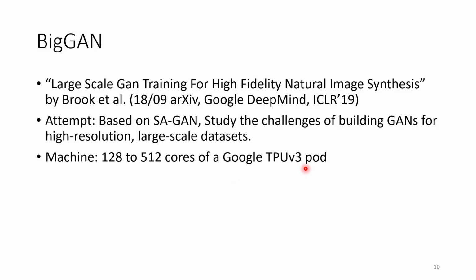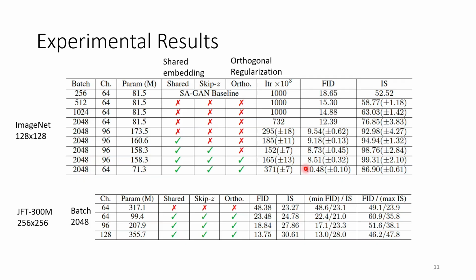This is a very, very powerful machine. And we don't have so much computational power to do it. So we can only read their results, but it's very difficult for us to reproduce their results.